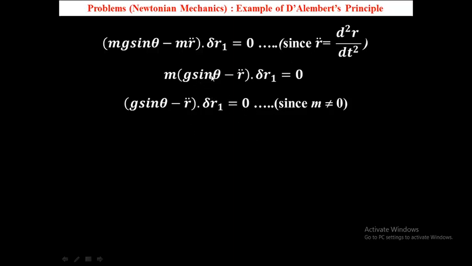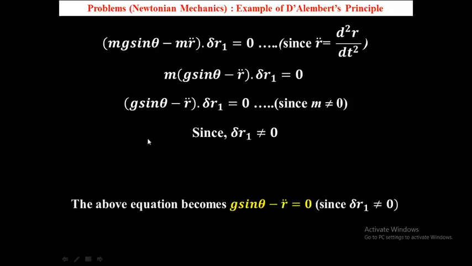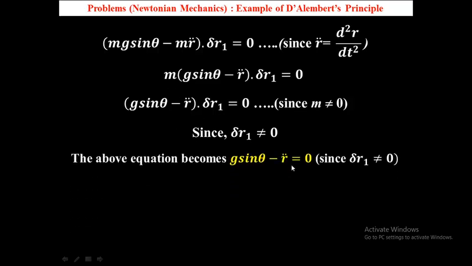Now delta r1 is related to the virtual displacement and it cannot be 0, so delta r1 can be brought to the right-hand side, and 0 by delta r1 is 0. So we'll get g sin theta minus r double dot equal to 0, since delta r1 cannot be 0.